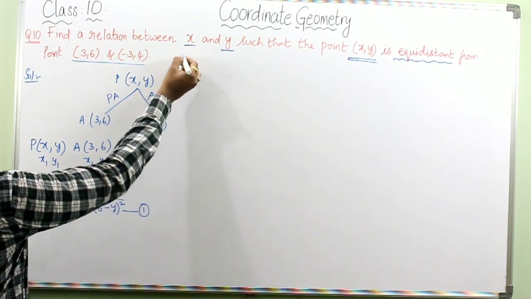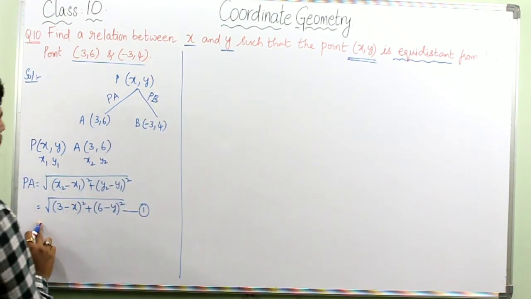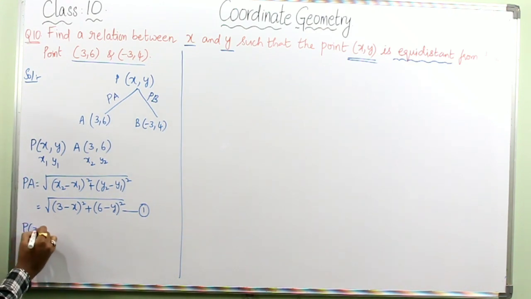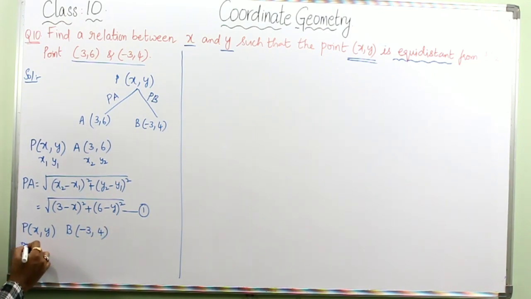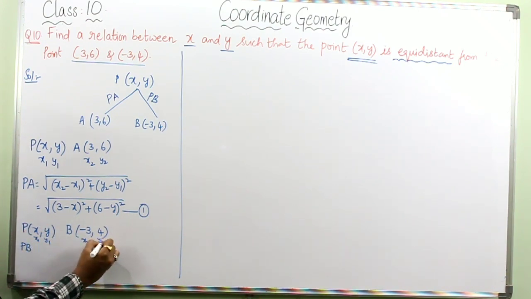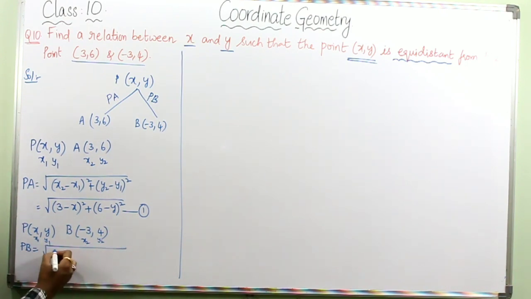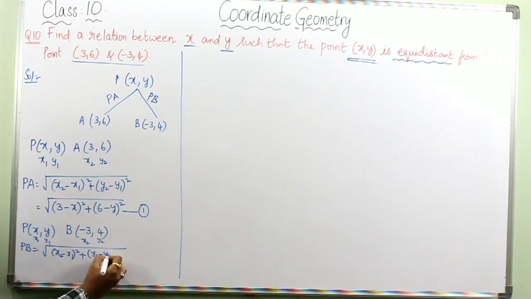Fine. Now let us consider the second point, that is PB, by considering P as x comma y and B as minus 3 comma 4. Now let us apply the same distance formula by considering them as x1 y1, x2 y2. Then PB is equal to the square root of (x2 minus x1) whole square plus (y2 minus y1) whole square. So now this implies the square root of (minus 3 minus x) whole square plus (4 minus y) whole square.